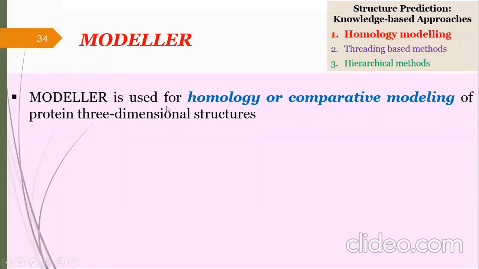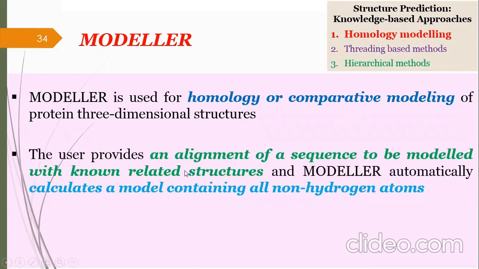And what Modeller actually is: a tool that is used for homology or comparative modeling, to determine protein three-dimensional structure. The user provides an alignment of a sequence to be modeled with known related structures, and Modeller automatically calculates a model containing all non-hydrogen atoms.